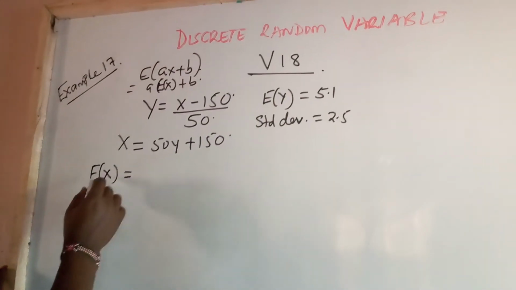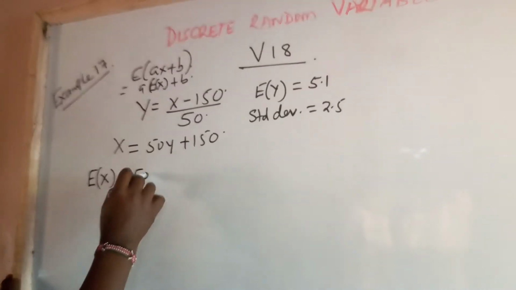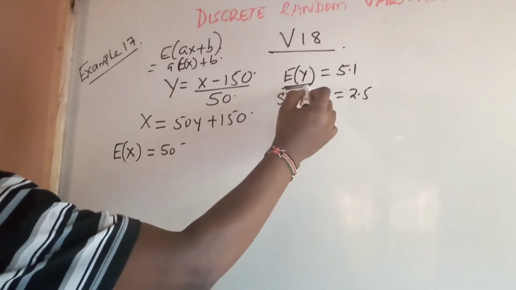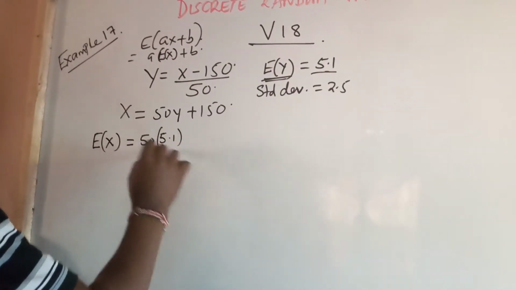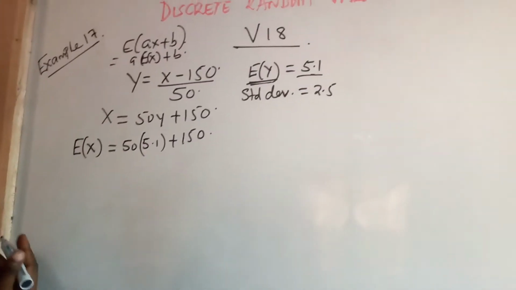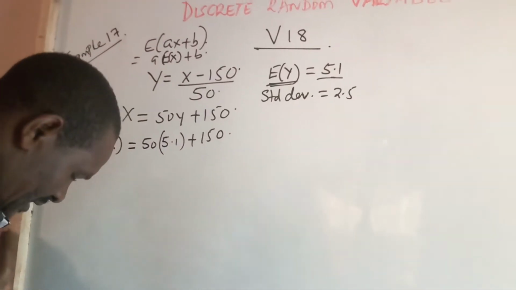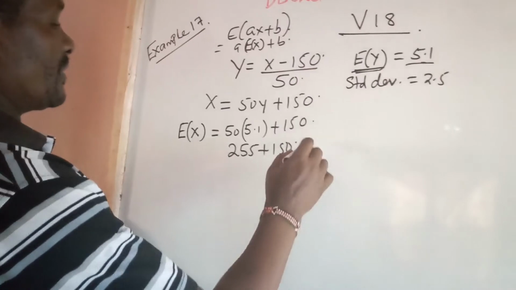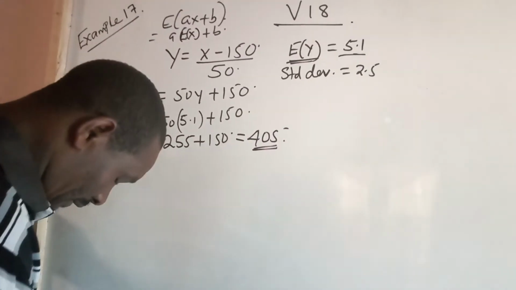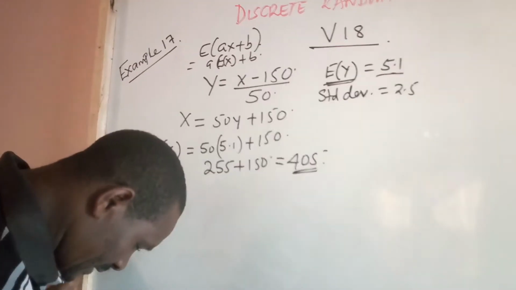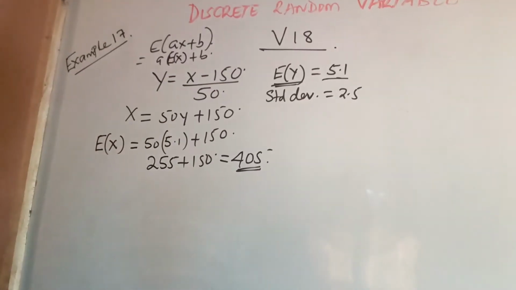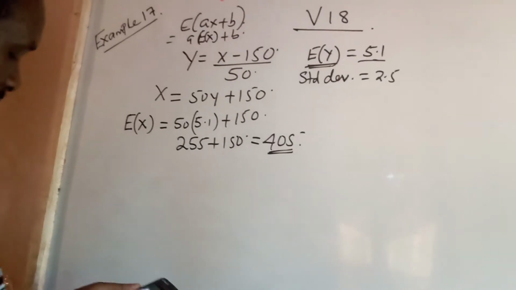That means E(x), where a is 50, is 50 multiplied by the expected value of y, which is 5.1, plus 150. 50 times 5.1 is 255. So this is 255 plus 150, which is 405.